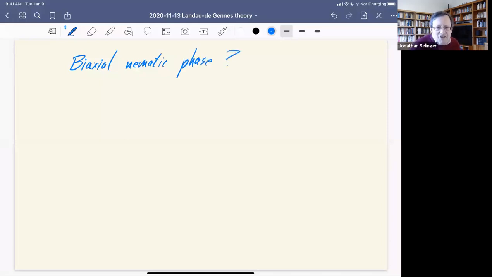Can there be a biaxial nematic phase? Well, if there were a biaxial nematic phase, it would be something where the tensor has a long axis, a medium axis, and a short axis.